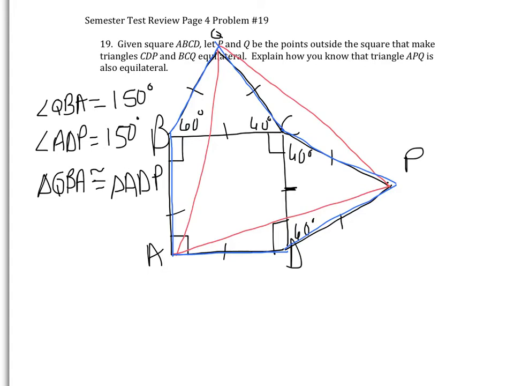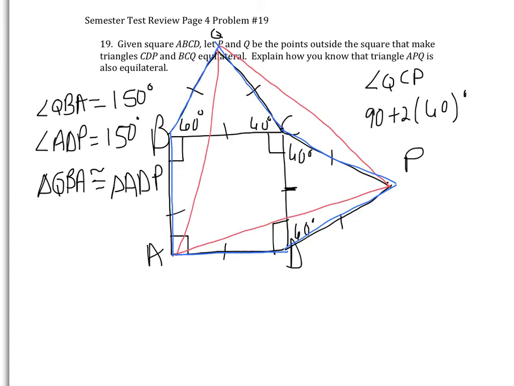So now we need to try and figure out if we can show that angle QCP is also equal to 150. If it is, then that triangle is also congruent to the other 2 triangles, and we'll be able to use CPCTC to say that all 3 sides have the same length. So in looking at this, I notice that around this vertex C right here, we have a 90-degree angle and 2 60-degree angles.